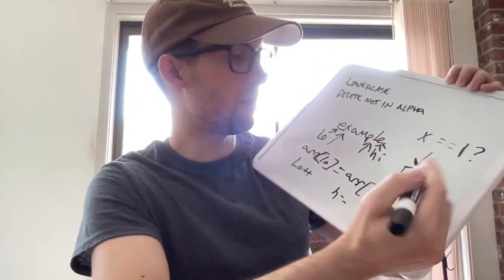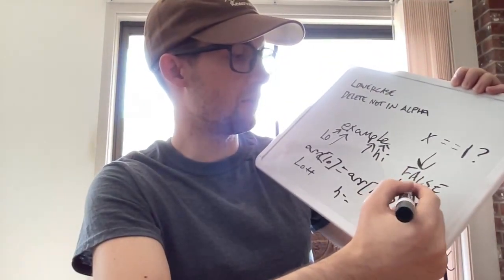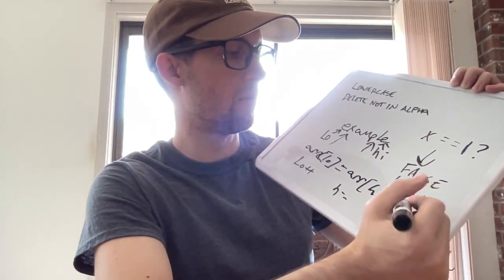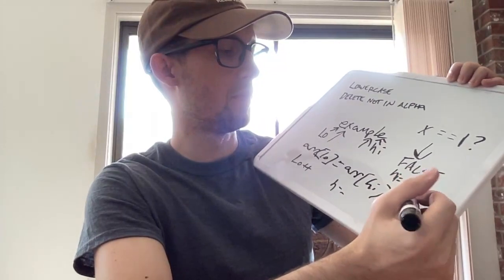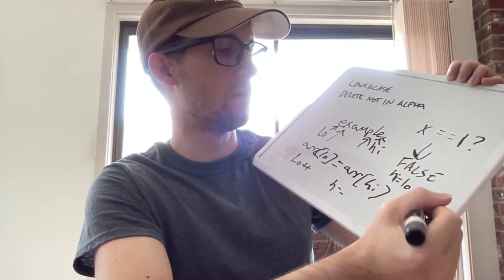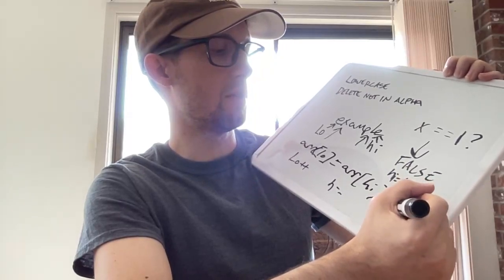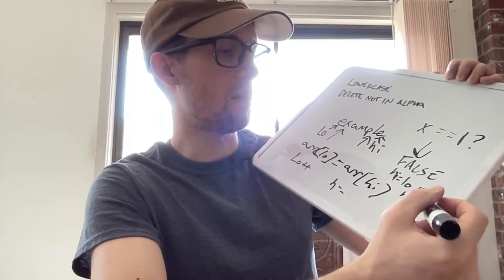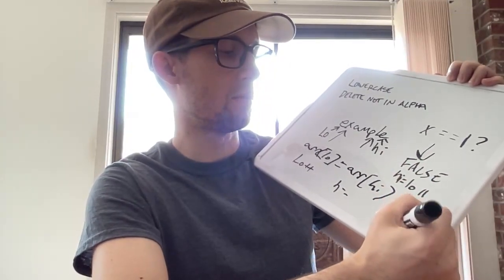But if I make it to the point where high is equal to low, or high minus low is less than or equal to 1, yeah, I think that's what I'll do, then I can just return true.